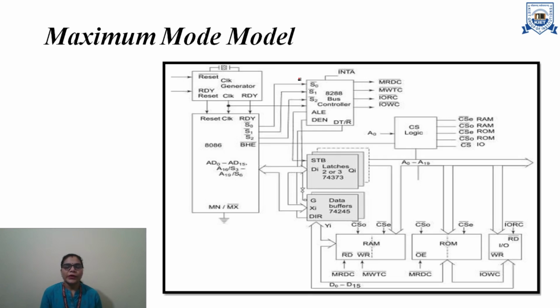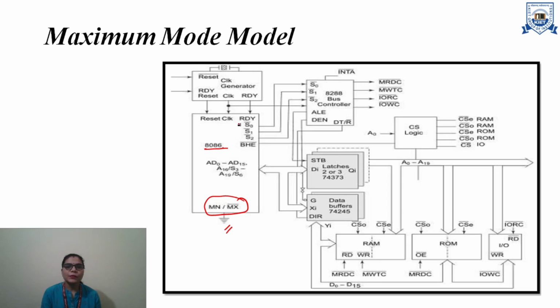Maximum mode model. So here in maximum mode, we have the 8086 component, and in this a mode selection pin will be connected to the ground to select the maximum mode for 8086.